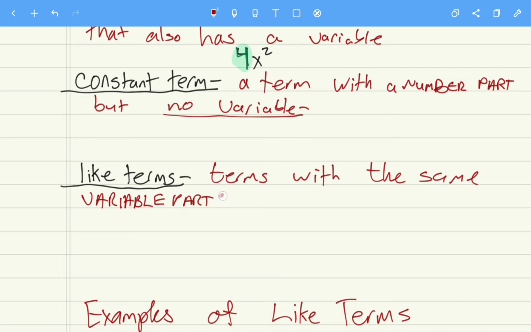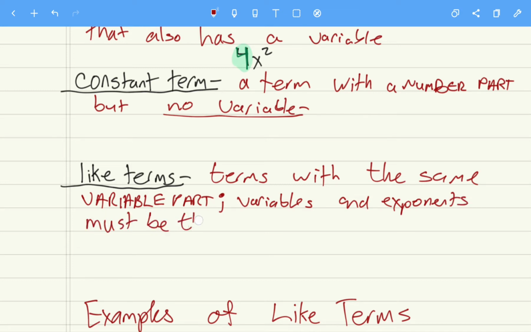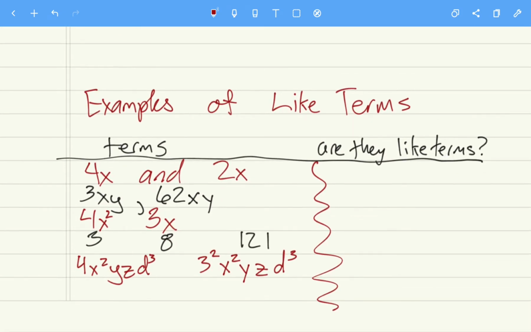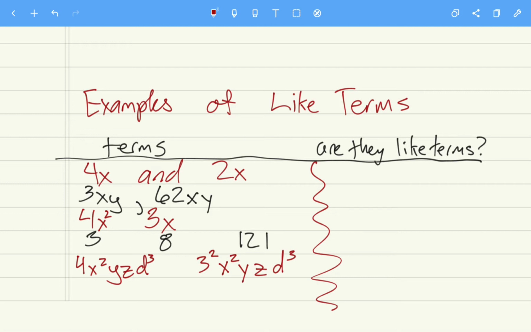And variables and exponents must be the same. Okay. So let's go ahead and take a look at some examples of like terms.